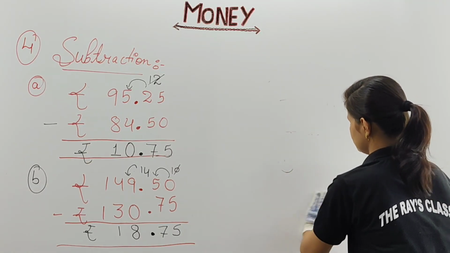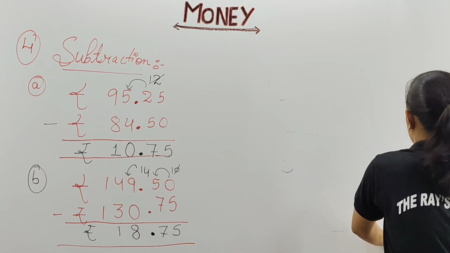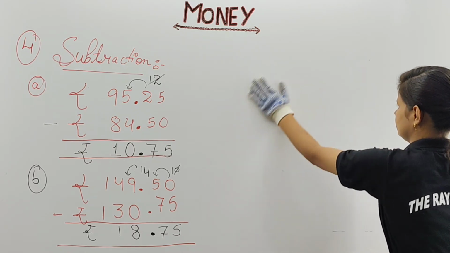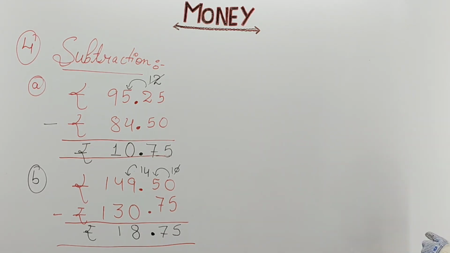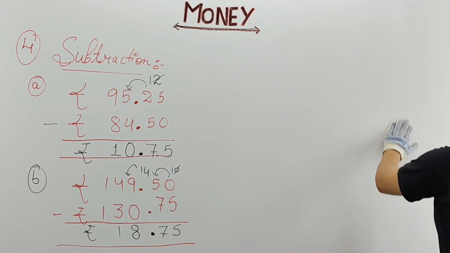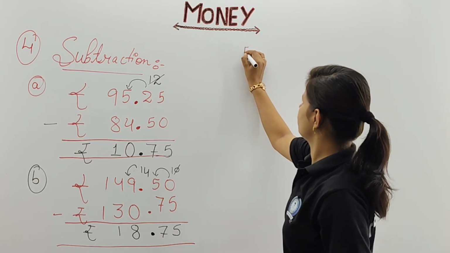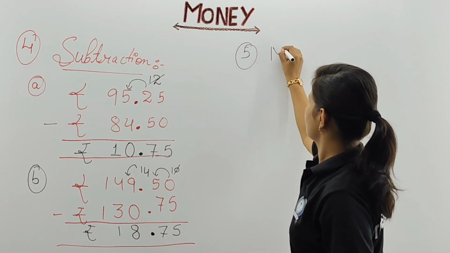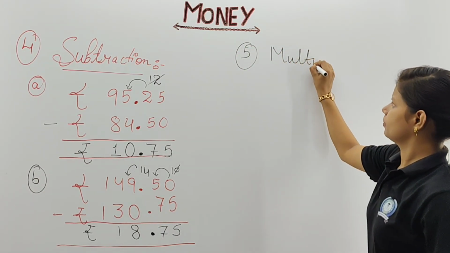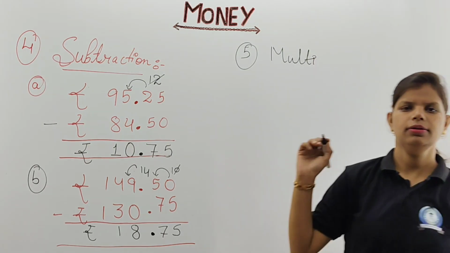Now let's go with the other two patterns. One is your multiplication and the other is your division. Short form I will take. Clear? As per your class, if you are going to take the short form of this one. Now let's go with it. If your question is written, fifth one, multiply. What is written?